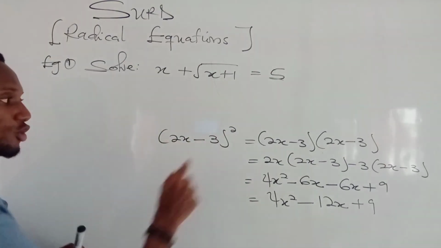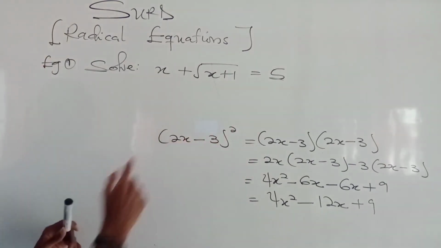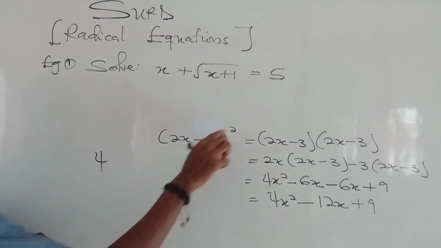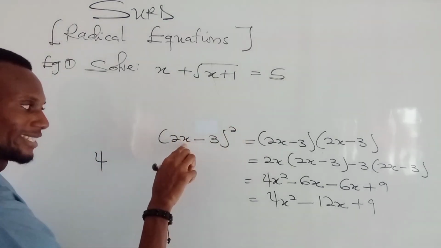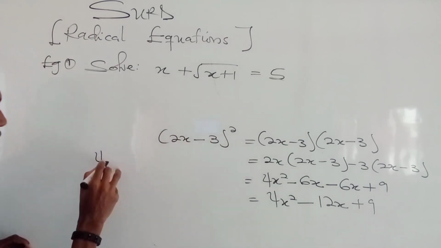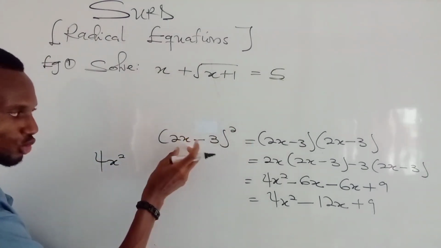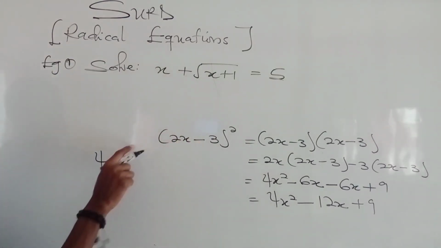When the power 2 affects this 2, it's going to be 4, because 2 squared is 4, and this same power 2 affects this s as well, so it's going to be s squared. So the power 2 affects this 2s, and that gives us 4s squared.